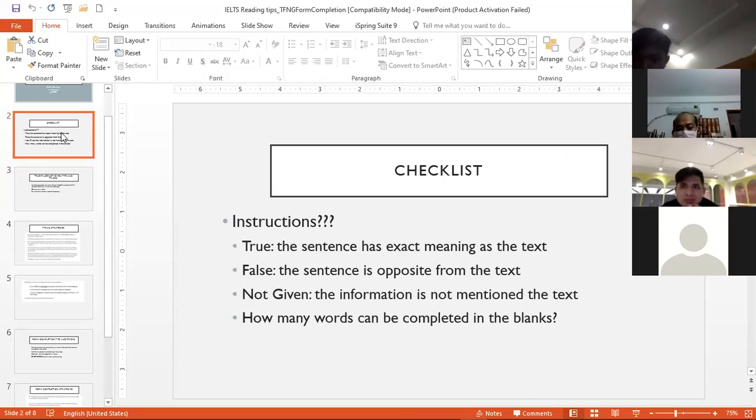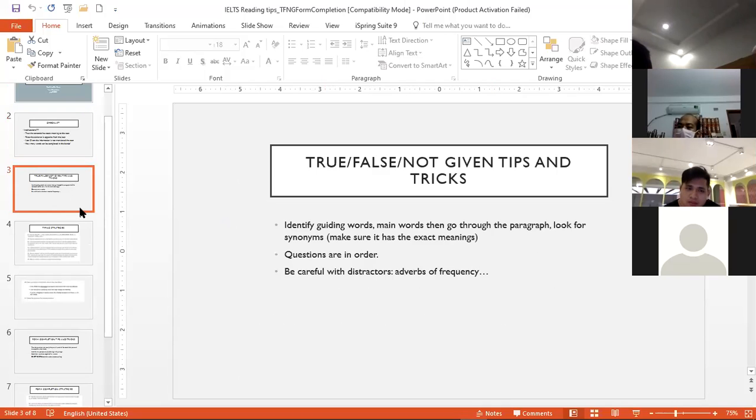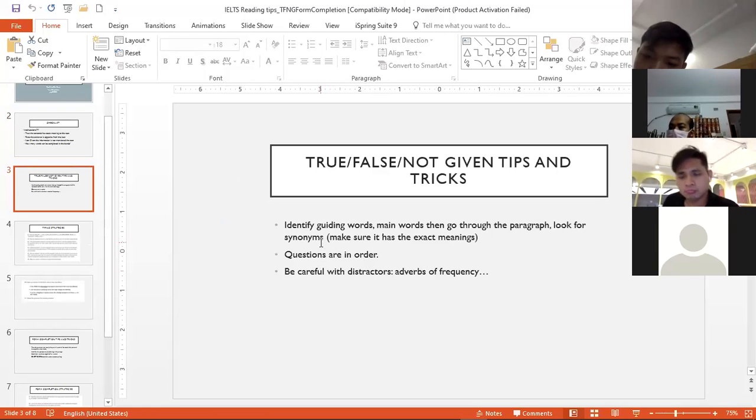So remember, you need to do the checklist before you complete anything. Check the instruction carefully. What does true mean? What does false mean? And what does not given mean? And the tips here are from our videos. Look for the keywords or guiding words in the text, and make sure the words have exactly the same meaning as the ones in the text.